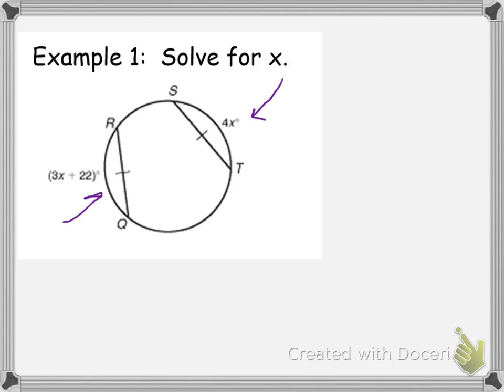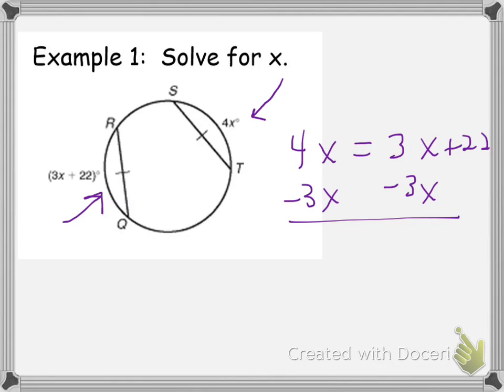So if we're thinking in terms of solving for your variable, we could do 4x equals your 3x plus 22. And of course solving using your algebra, minus your 3x on both sides, that gives you an answer of x equals 22.